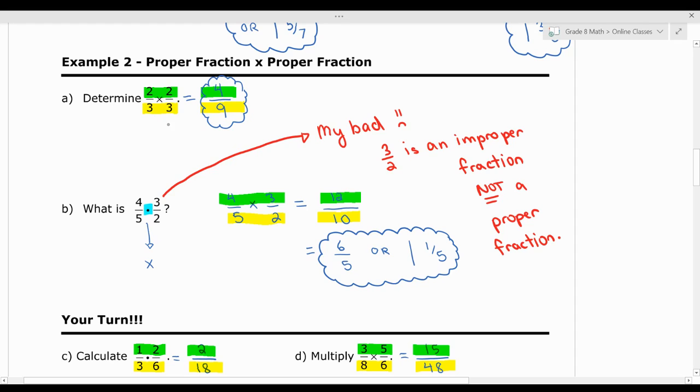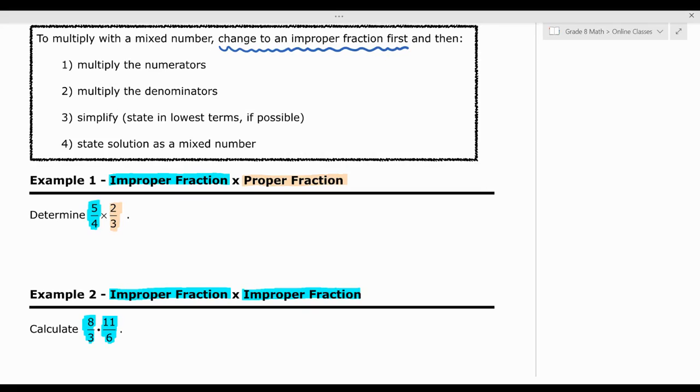Question B, 4/5 is a proper fraction, that one was fine. But here was my little hiccup. This question in the last lesson actually was not proper by proper. That was a proper fraction, that was improper. So I apologize. All right, so back to the new lesson.